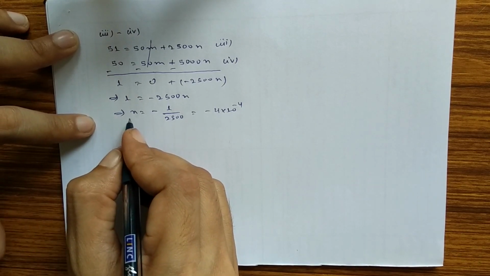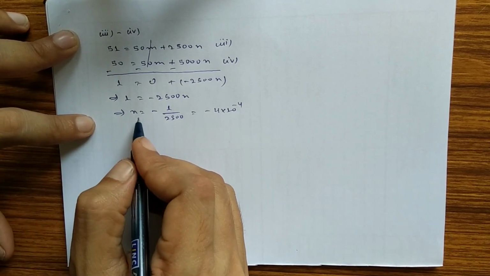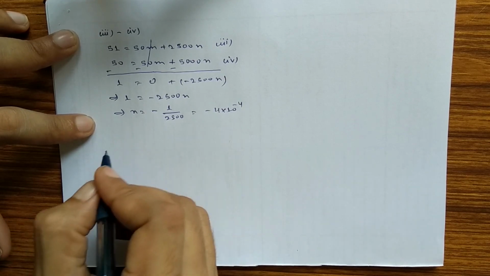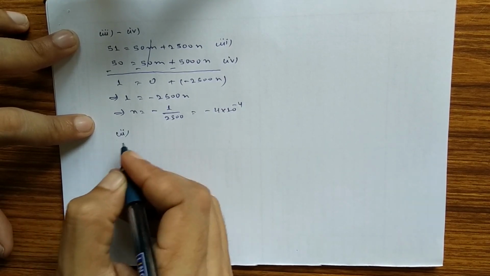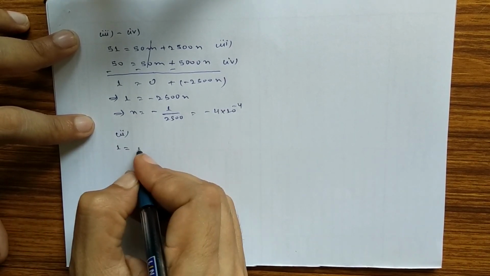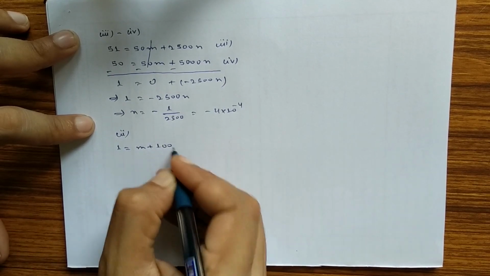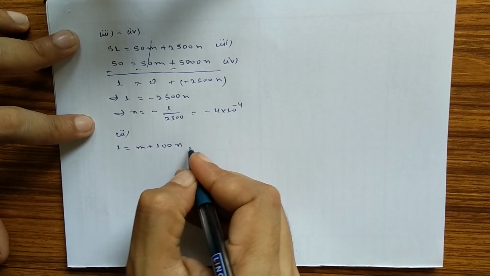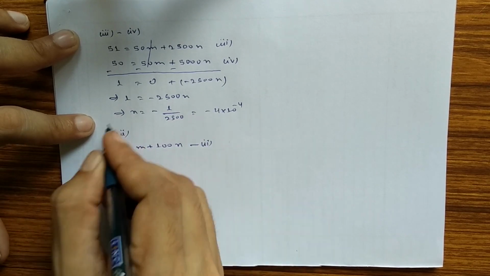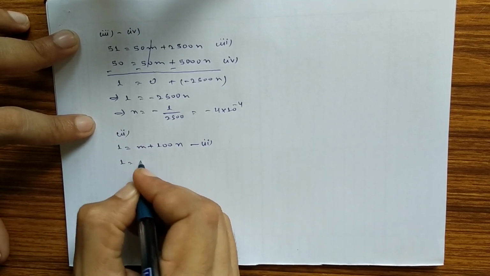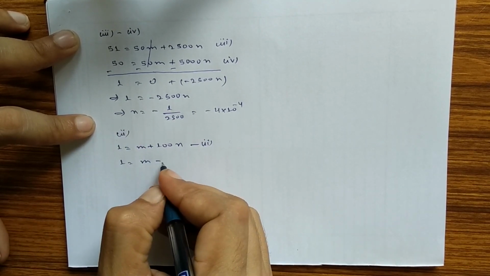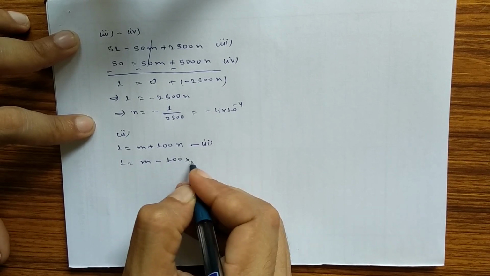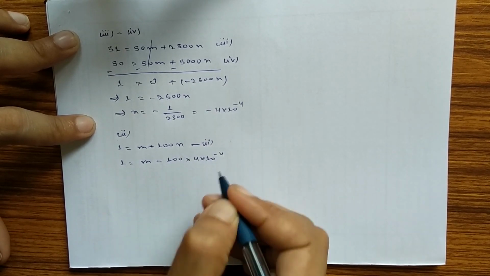Putting this value of N into equation 2, that is 1 equals to M plus 100N, we get 1 equals to M minus 100 into 4 into 10 to power minus 4.